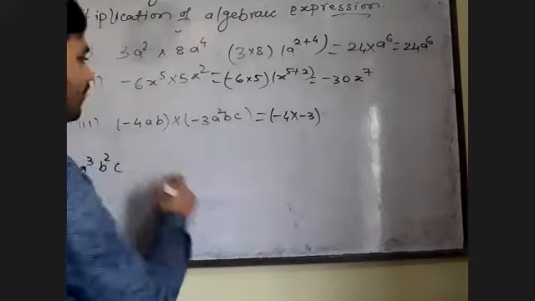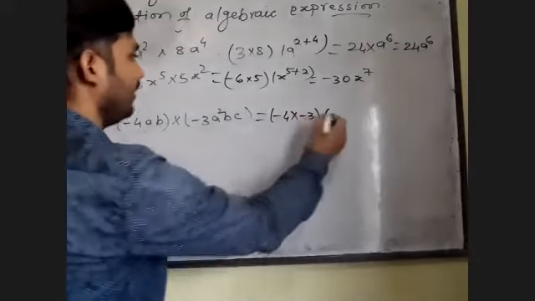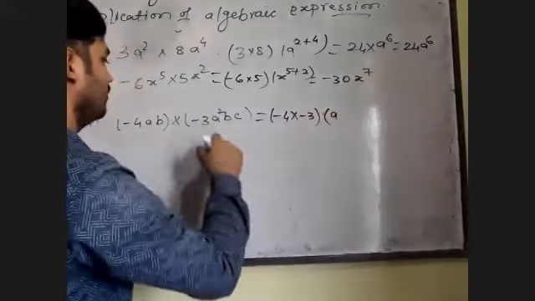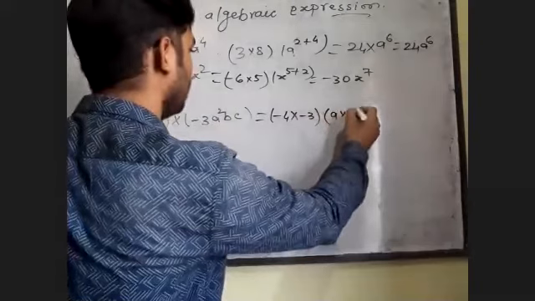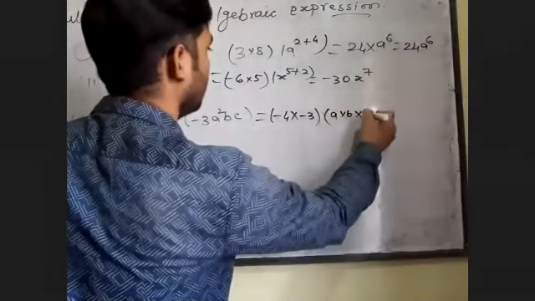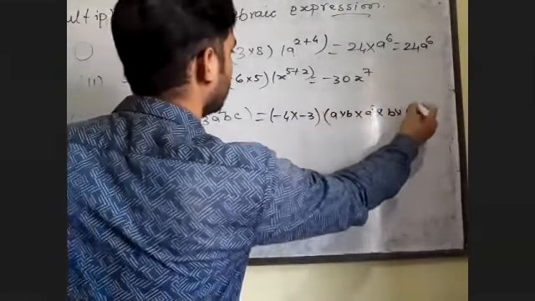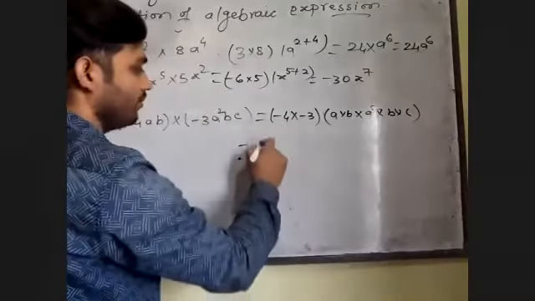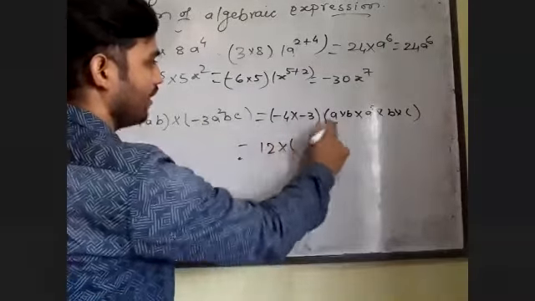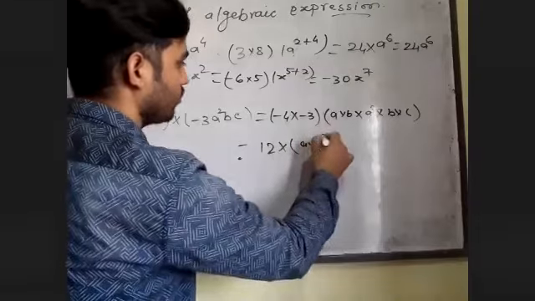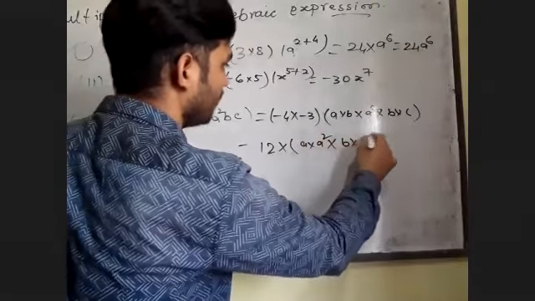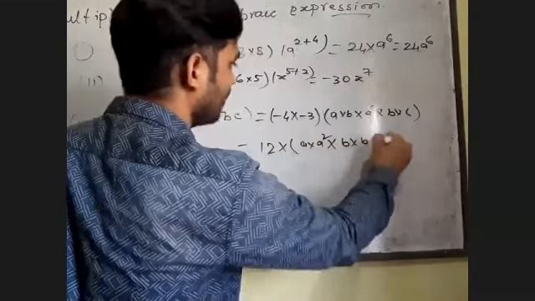Let's see. Now we have to write a, then b, then a square b into c. So it becomes 12 multiplied by a into a square b into b, multiplied by c.